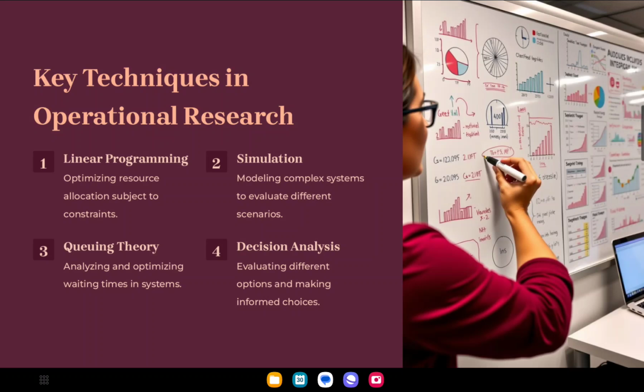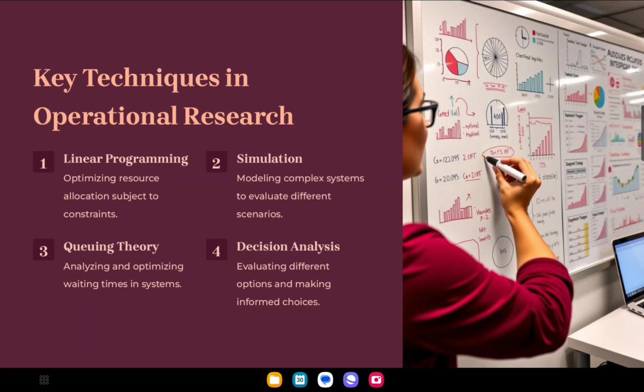Moving on to the key techniques in operational research. Operational research employs a range of powerful techniques, starting with linear programming. This involves optimizing resources, such as minimizing cost or maximizing profits, while adhering to constraints like budgets or manpower.